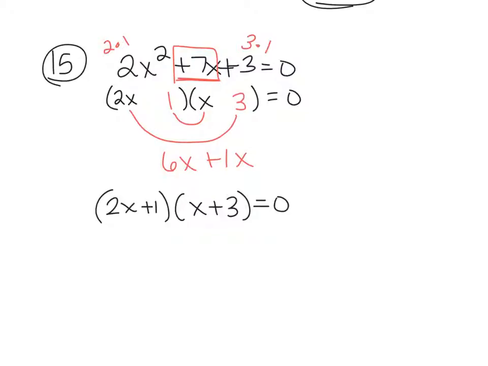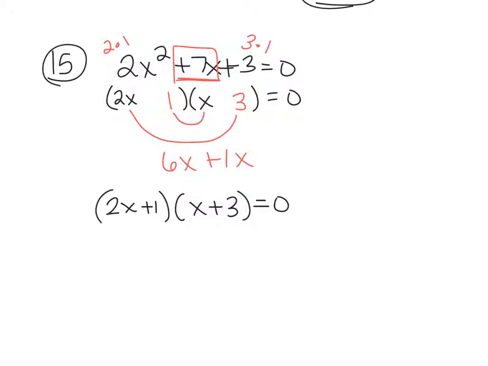Some other rules you need to know: since this is a positive 3, these two signs must either both be positive or both be negative, because when you multiply, you need to get positive 3. So it's either going to be positive 1 times positive 3 or negative 1 times negative 3. But since this is a plus sign here, they both are positive because we need a positive 7.